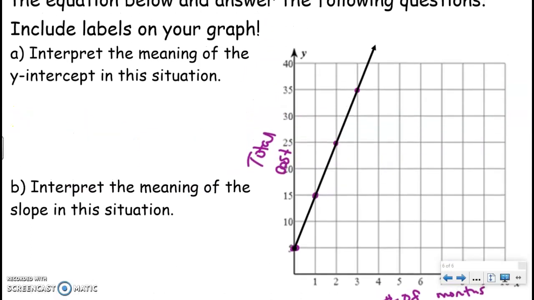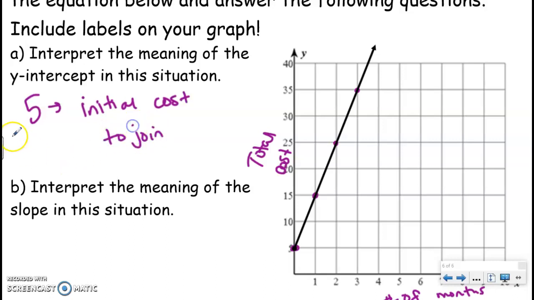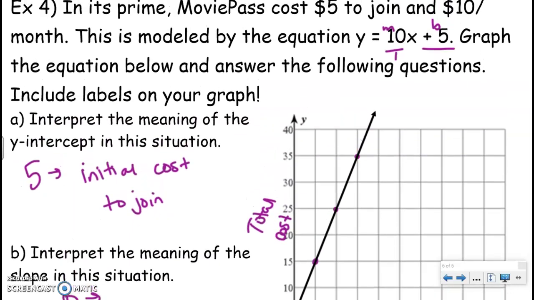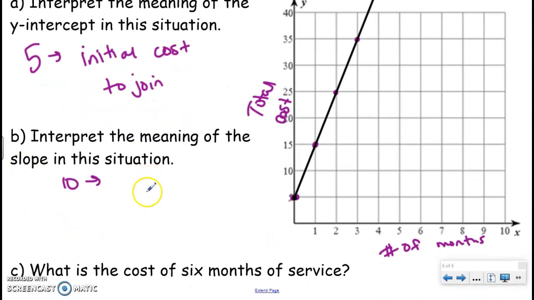Okay. The y-intercept is 5, and that is the initial cost to join. The slope is 10, and that is your total cost increases by $10 a month, or for each month, you pay $10.